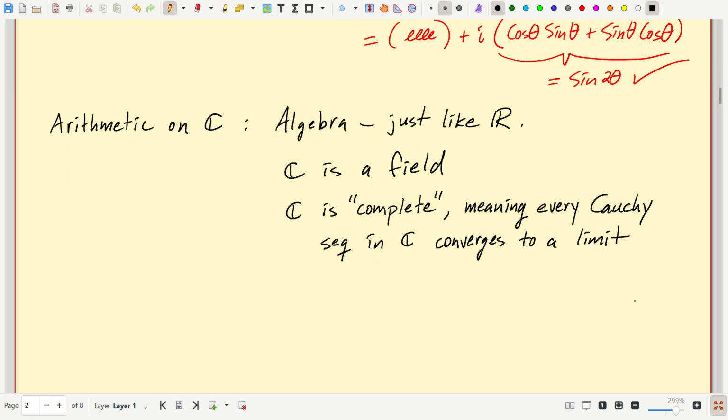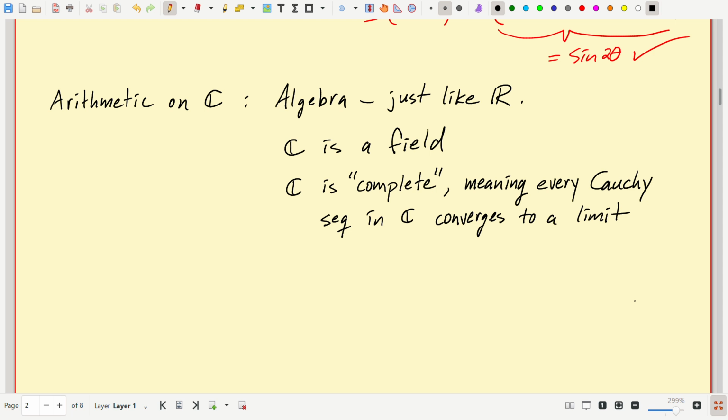But an exciting thing about C that's not true for R is that C is algebraically closed. I'll demonstrate that in this course soon.